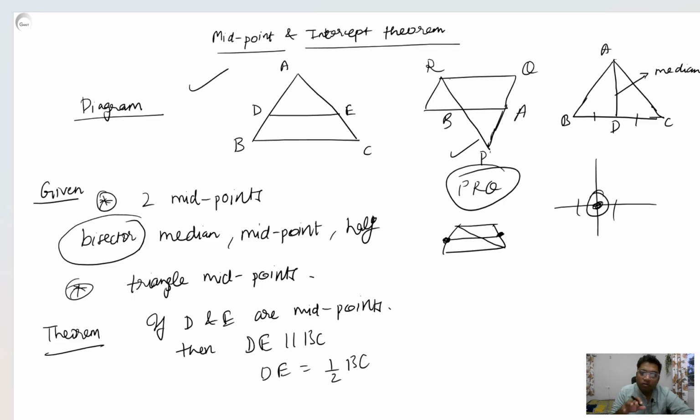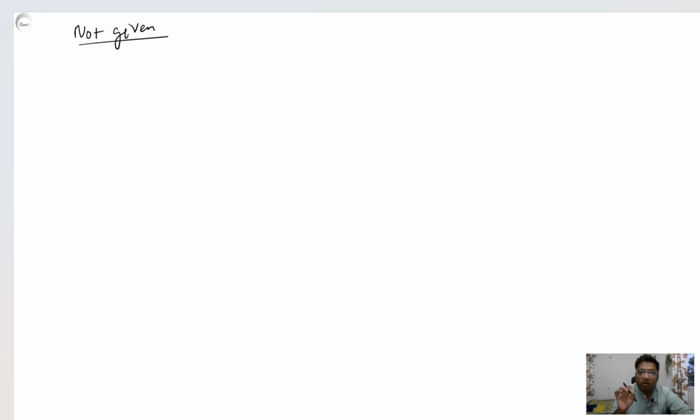I am going to tell you what should not be comprehended as a midpoint theorem question. If the question says that I have one midpoint, it's not a midpoint theorem question. Please understand, one midpoint does not guarantee the use of midpoint theorem. You need to have two midpoints.